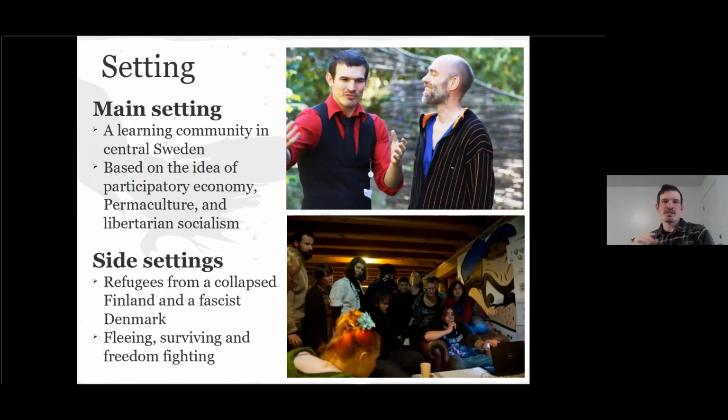The main setting was a learning community in central Sweden, based around the ideas of participatory economy, permaculture, and libertarian socialism. The side settings were refugees from a collapsed Finland, where there was a post-apocalypse, where Finland had all gone to warlords, and refugees from Denmark, which had gone all fascist.